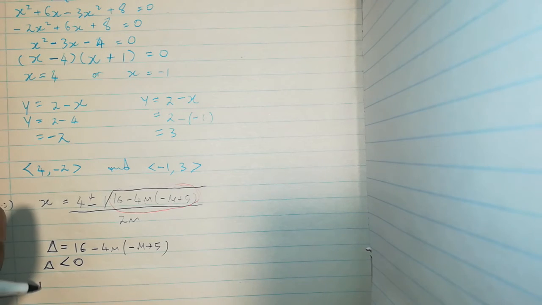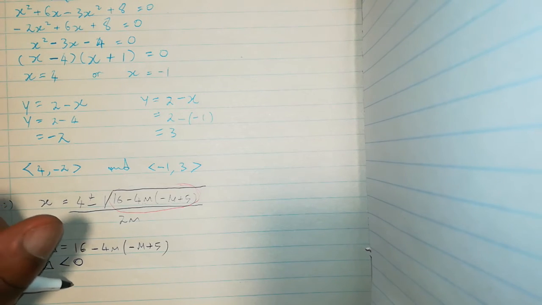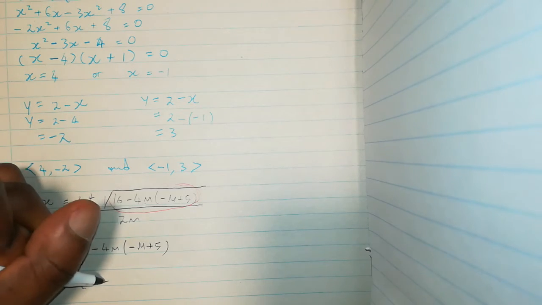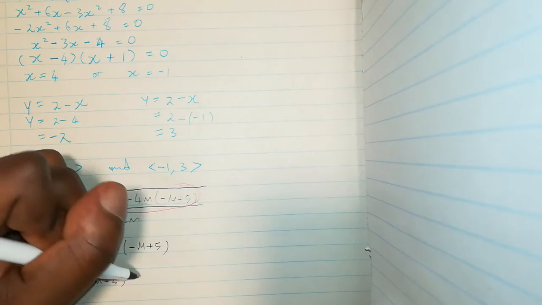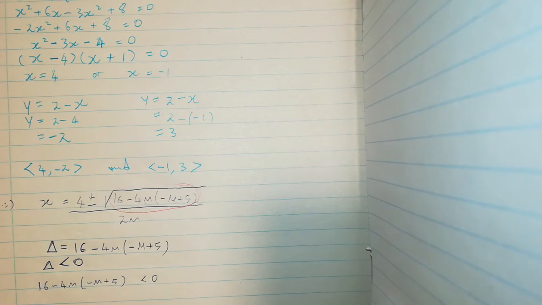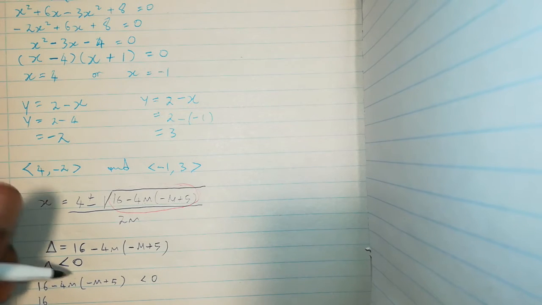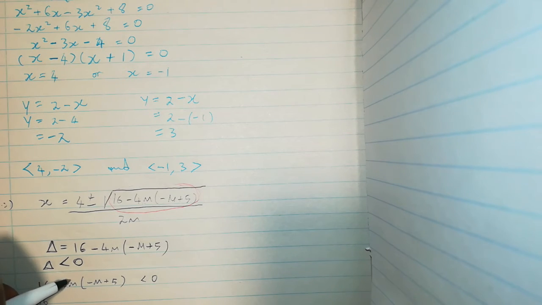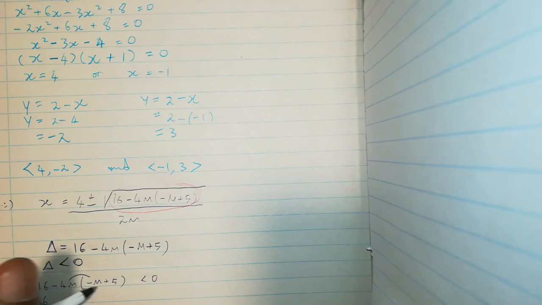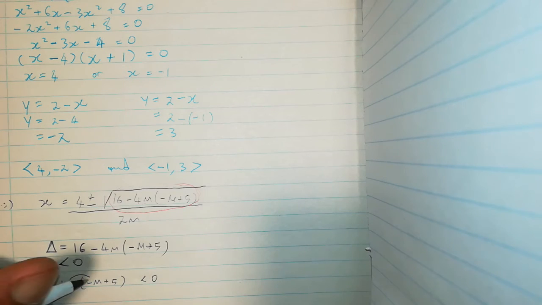So we say 16, negative 4m multiplied first with negative m. Negative times negative is positive 4.